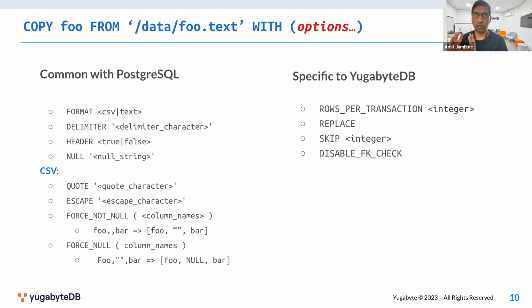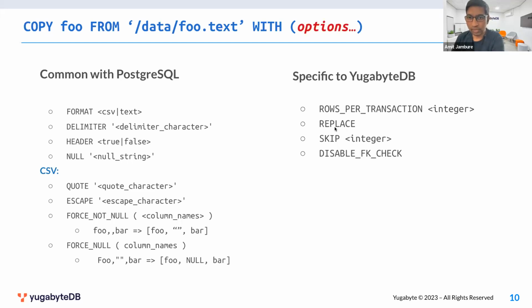When the data load is happening with a sane snapshot of the data and no concurrent load is going on, you can remove some safeguards from the database to reduce the work, and that way speed up the data load. So in that spirit, the first option is disable foreign key checks. If you do not do foreign key checks, the data load is going to be faster.